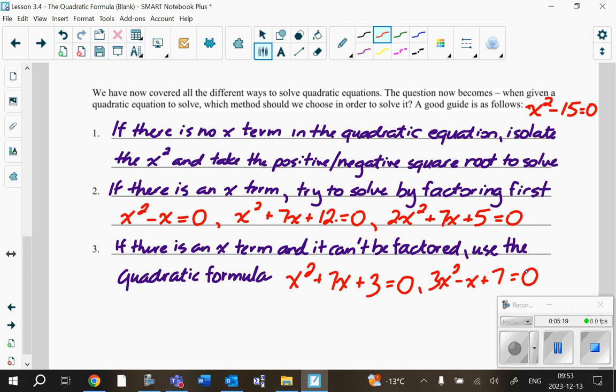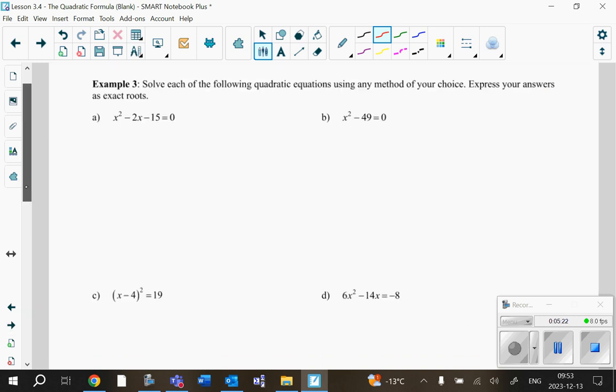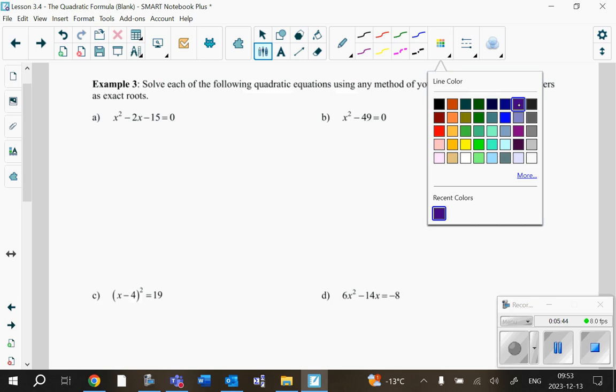So the first one, is there an x term? Yes. What is the x term? Say the whole term. Negative 2x is the x term. So that means we've got to solve it by factoring or the quadratic formula. Well, this is an x squared trinomial, so we can try factoring first.